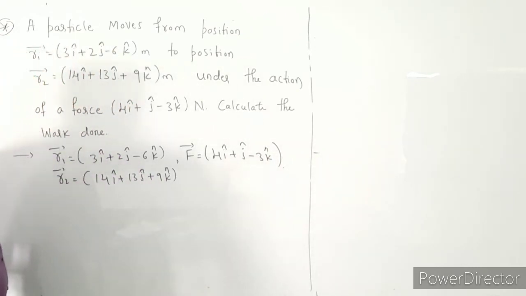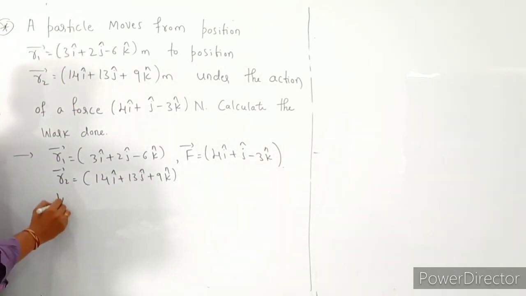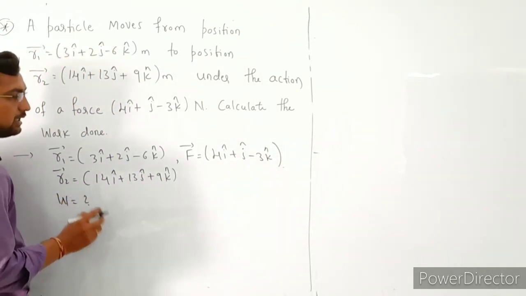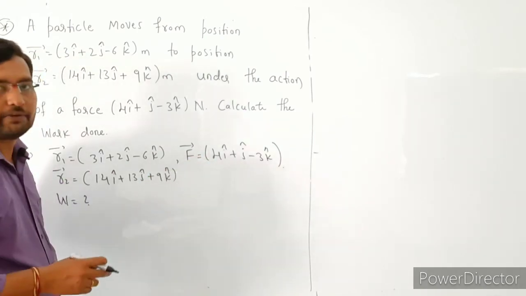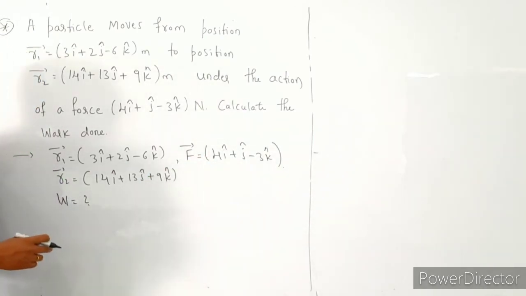So here we are going to find out the work done. W is equal to question mark. In this case the force is given but the displacement is not given; the position is given, the initial position and the final position.